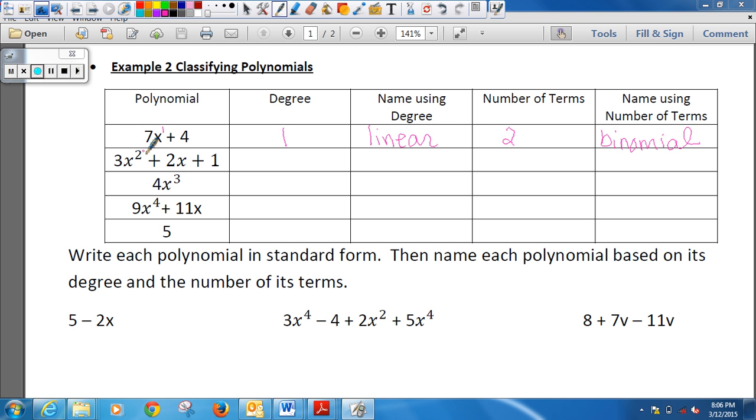This next one, the largest exponent is 2, so it's the second degree. You notice here it is in standard form because it goes exponent 2, then 1, then none. So that is in order from greatest to least. Because it's the second degree, that is called a quadratic.